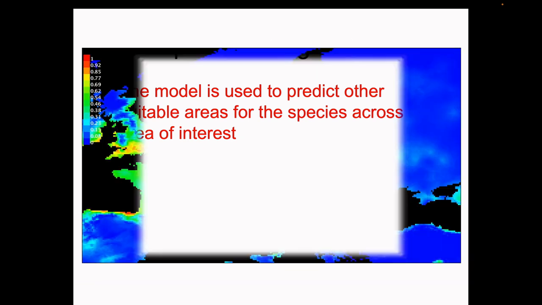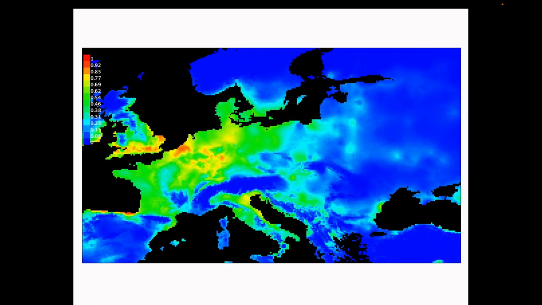So you can then take these equations and apply them to your environmental layers, because remember that we have environmental layers that you've put into the software that have complete information for what the environment is like for your entire spatial extent, in this case Western Europe. And so the software can use those equations together for each environmental variable and find the most suitable habitat across the entire landscape. And this can give you ideas of other places to visit where you'd be most likely to encounter the species.